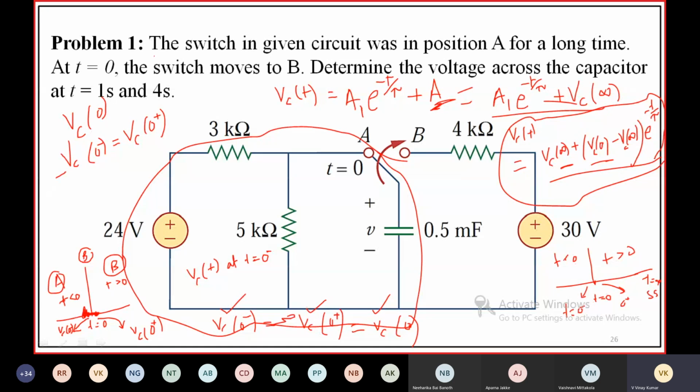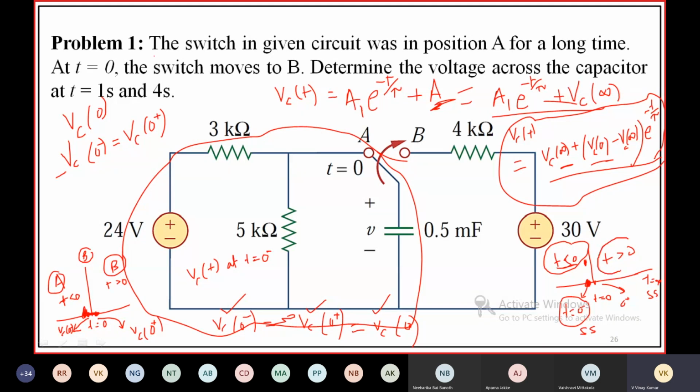For T less than 0, steady state occurs at T is equal to 0 minus, because this is the final value. For T less than 0, the final value occurs at T is equal to 0 minus. For this portion, you have the final value at this instant.